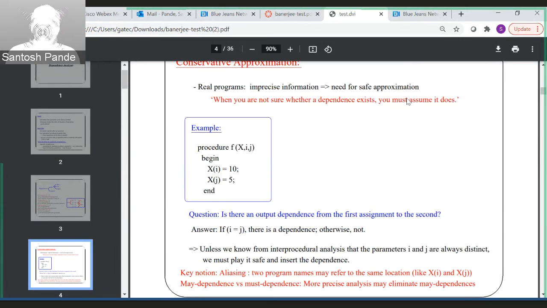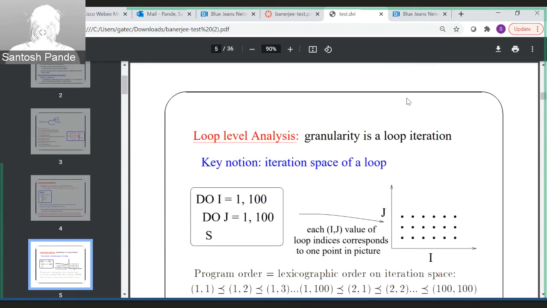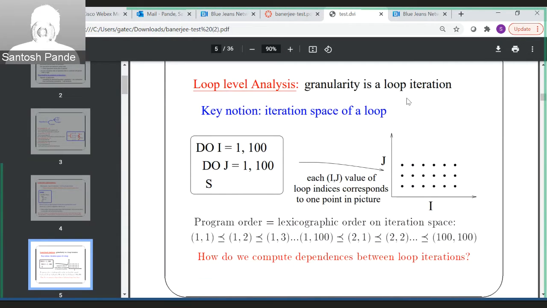So conservatively, unless proven otherwise, we cannot assume that there is no dependence. We must assume a dependence conservatively. By default, we must assume a dependence, in short. That's the bottom line. And we will lose some optimization opportunity, we'll lose some parallelization, etc. But this will, of course, be safe to do. So how do we get this type of information at the loop level?